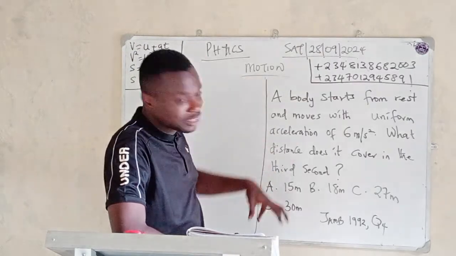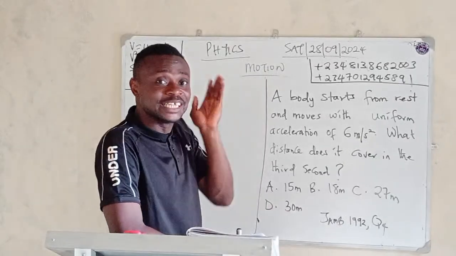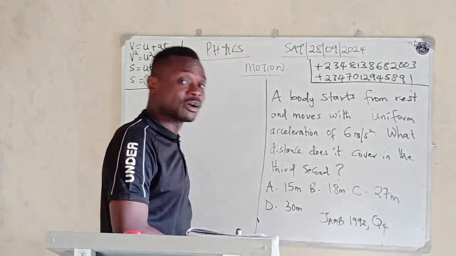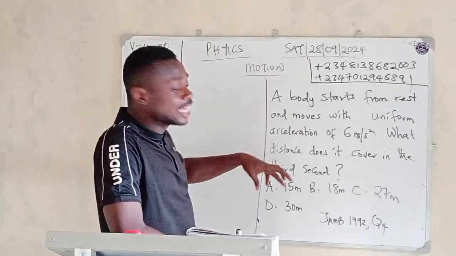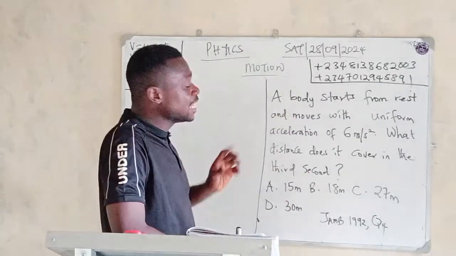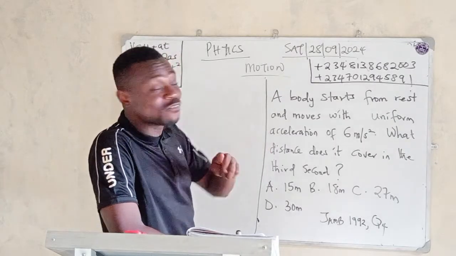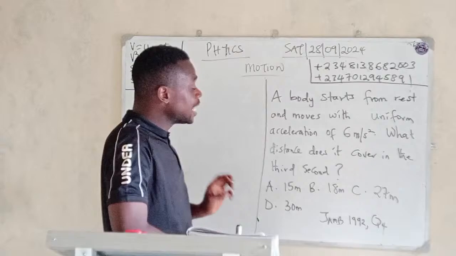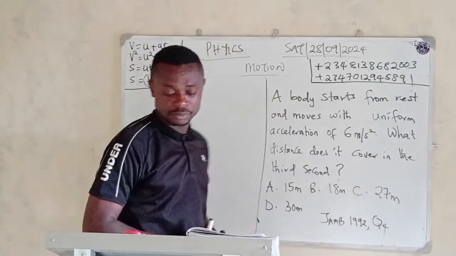Because the third second lies between the 3 seconds and 2 seconds. So find the distance covered in 2 seconds and the distance covered in 3 seconds. Then subtract the distance covered in 2 seconds from the distance covered in 3 seconds. Then you can find the distance covered in the third second.